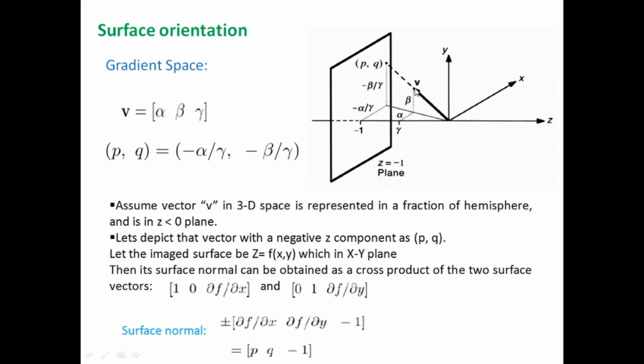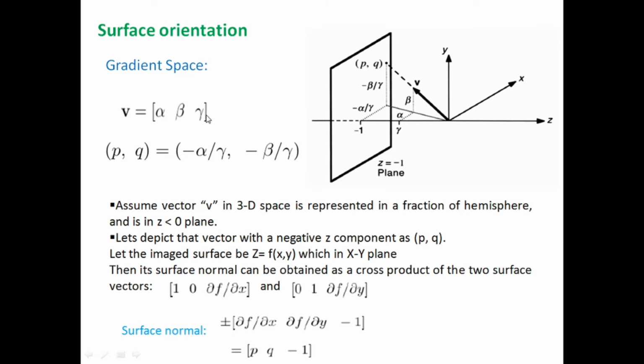Consider a point here, V. If this point is present in this 3D space, it will have a location. If I would like to trace out the location of this point, I need to use the 3D coordinate system. So this point V is located at alpha, beta, gamma.